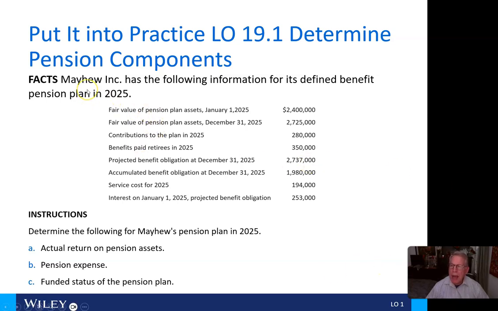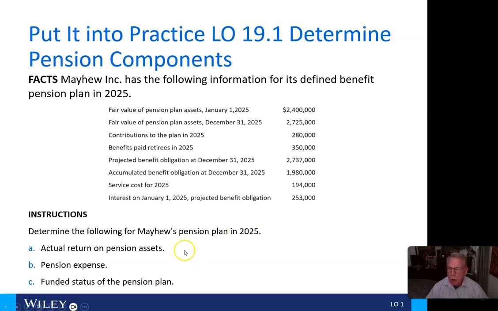Now, Mayhew has the following information, and it has the same information that we just had in the prior slide, but it also has projected benefit obligation at the end of the year, accumulated benefit obligation at the end of the year, service cost for the year, and interest on January 1, the beginning of the year, for the projected benefit obligation.